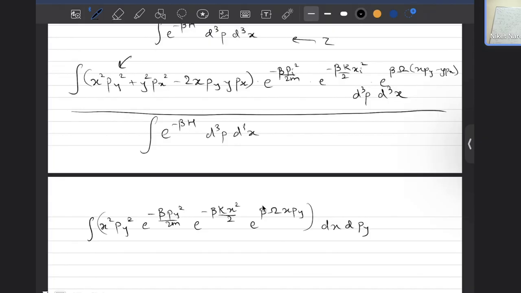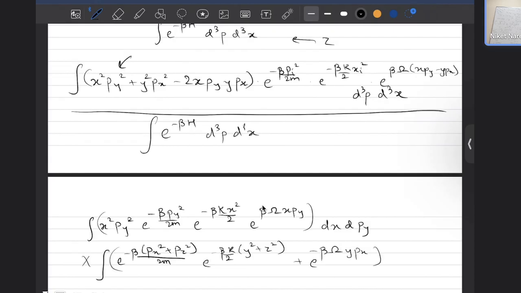This is one part of the integral, multiplied by e raised to the power minus beta (px squared plus pz squared) by 2m, e raised to the power minus beta kappa by 2 (y squared plus z squared), plus e raised to the power beta omega minus beta omega y px, this thing multiplied by dy dz dpx dpz.